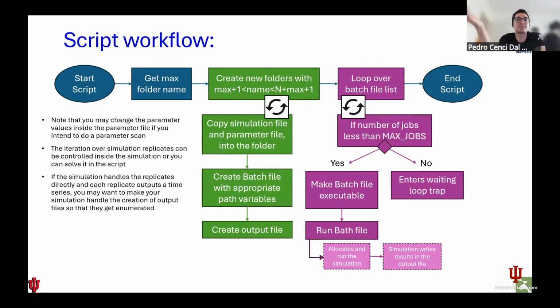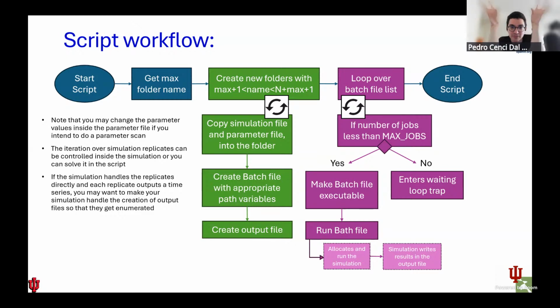The next folder name is the maximum plus 1, and the last folder that you are newly creating will be max plus 1 plus the number of extra folders you're going to create. So the names of the new folders go from max plus 1 to n plus max plus 1.